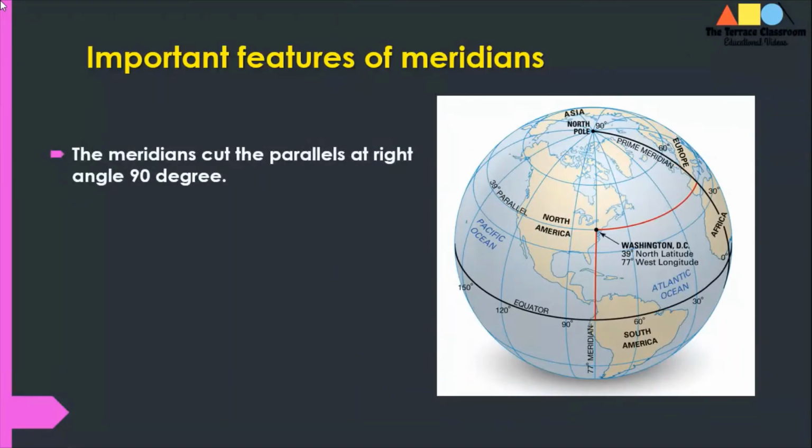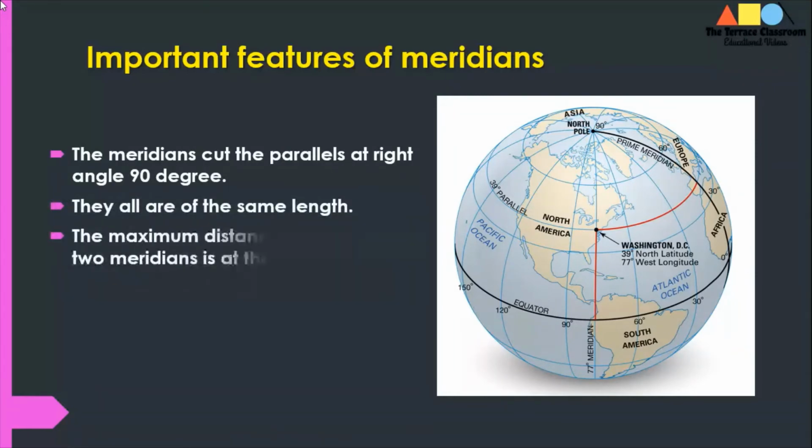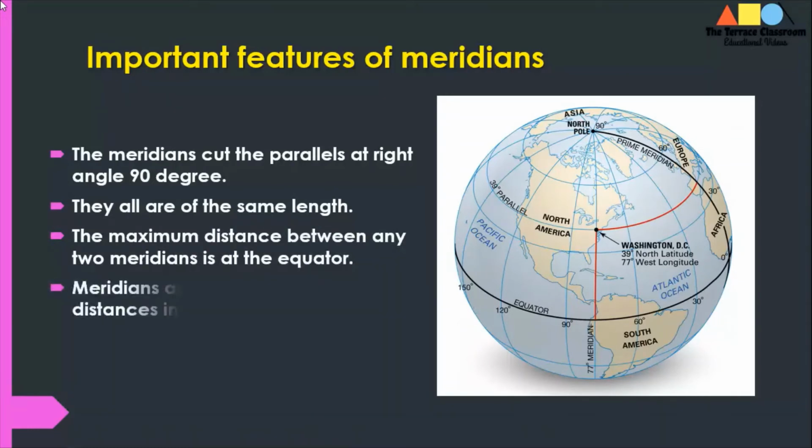The meridians cut the parallels at right angle, which is 90°. They all are of the same length. The maximum distance between any two meridians is at the equator. Meridians are used to measure distances in the east or west directions.